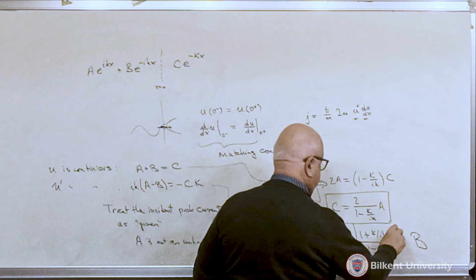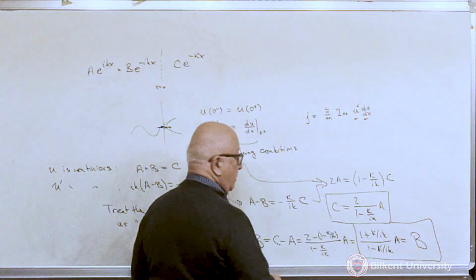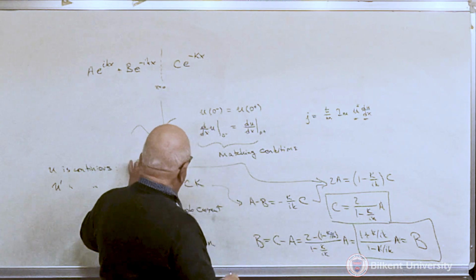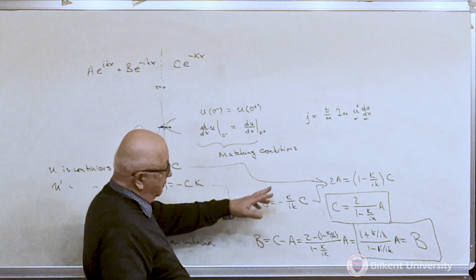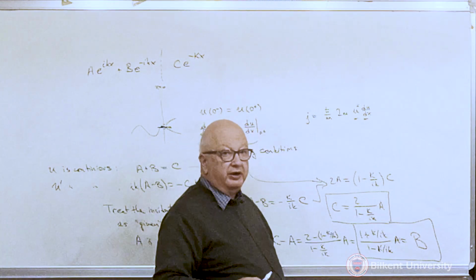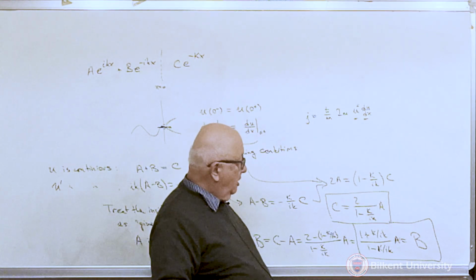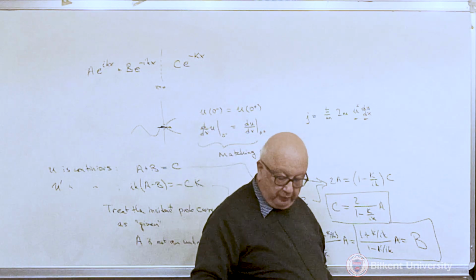So that's our b. So simple, just two equations, two unknowns. We solve them in terms of a, and that's what we get. Okay, let's have our break, and then we'll interpret these things.